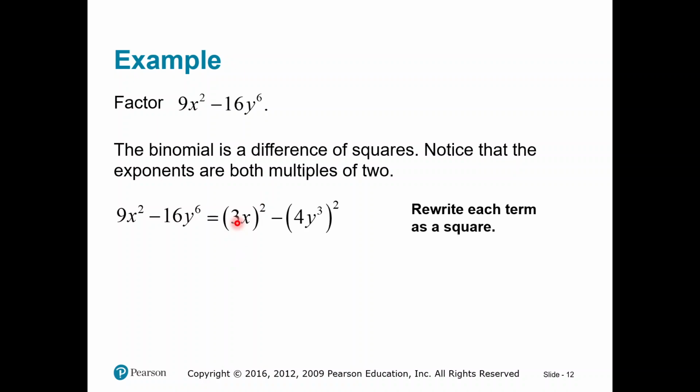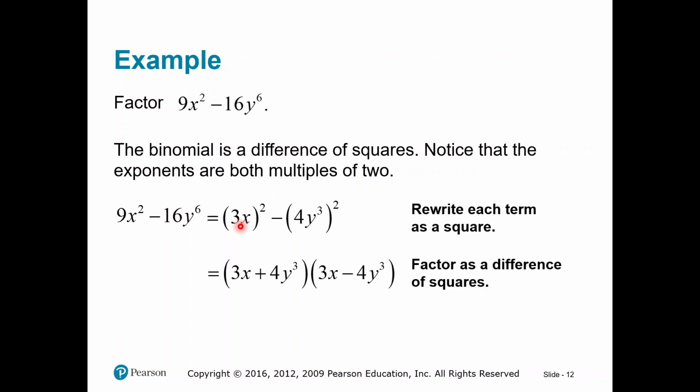Remember, 3x times 3x, 4y to the third times 4y to the third. So therefore, you got 16y to the 6 for the 4y to the third, and you got the 9x squared when you multiply 3x times 3x.